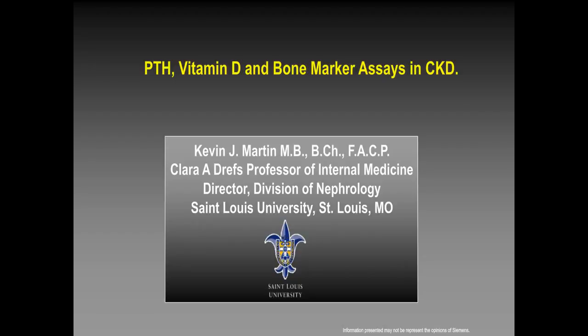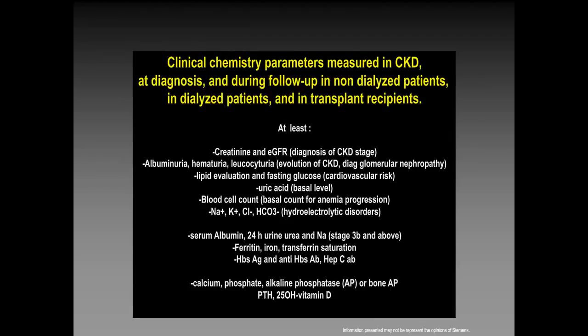Thank you, and hello to everybody. I'm going to spend this part of the presentation to talk about clinical chemistry assays that are used in patients with chronic kidney disease and spend most of the time talking about parathyroid hormone and vitamin D, which continue to be the most problematic.